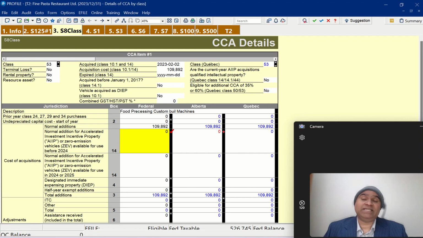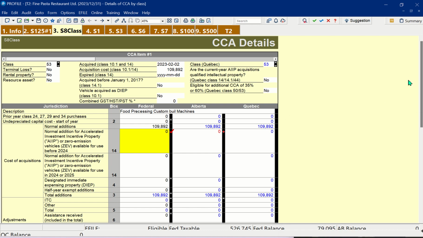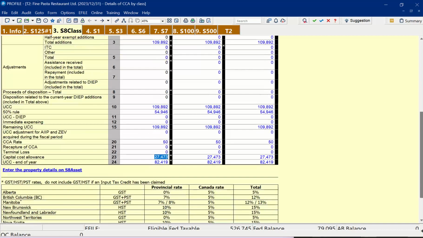I changed the asset class to 53. We assume that we bought it at the beginning of 2023, and that changes the UCC amount and the capital cost allowances.